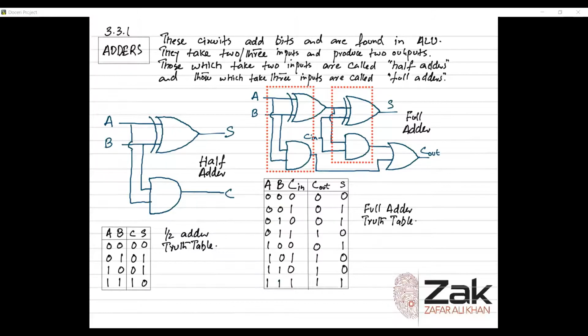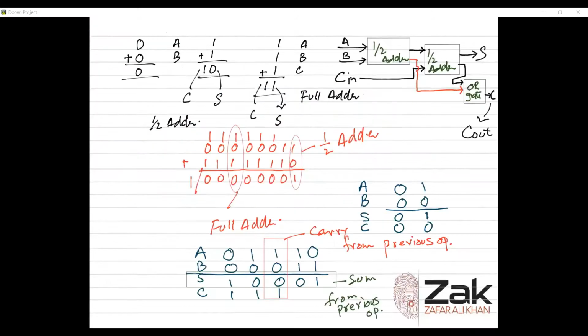The second output of the first half adder will be ORed with the second output of the second half adder. When they are ORed, then you will find the final carry. Okay, now this was half and full adder.